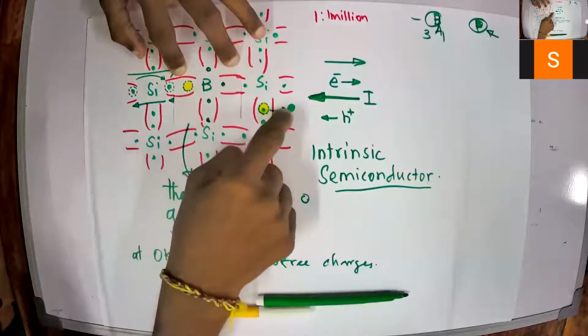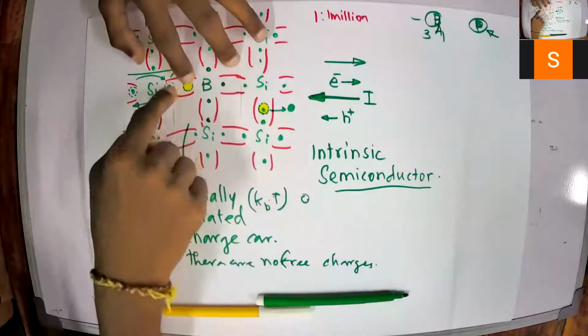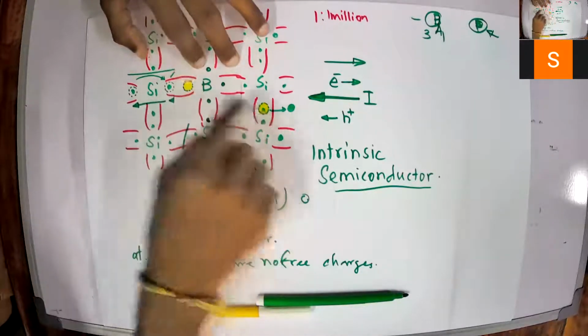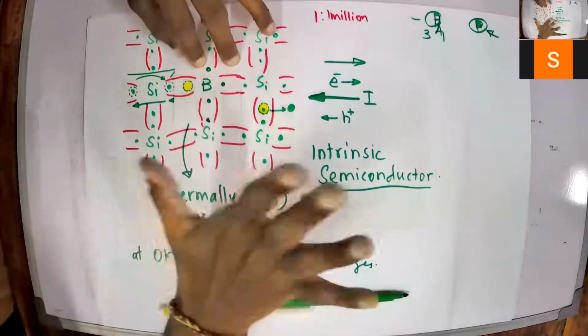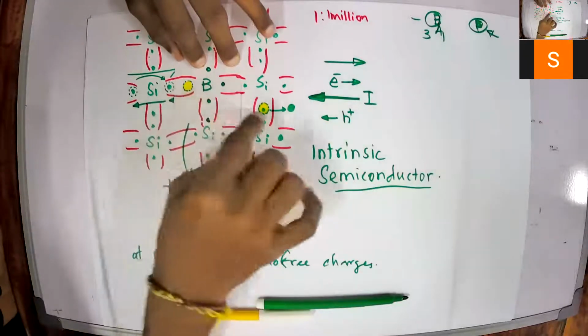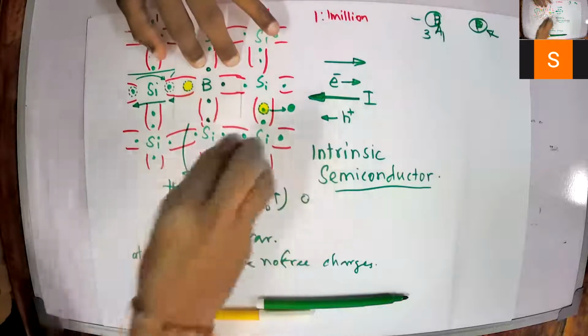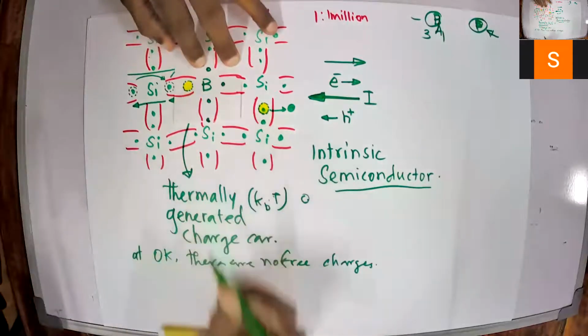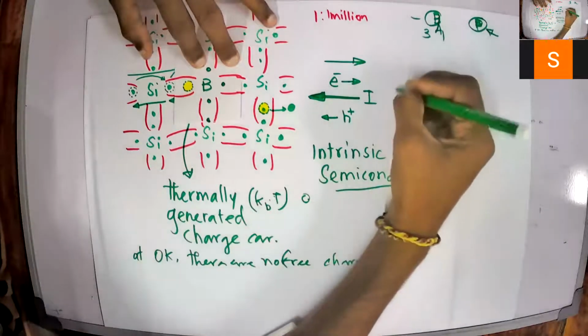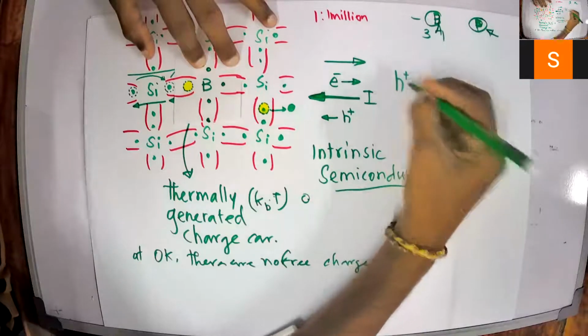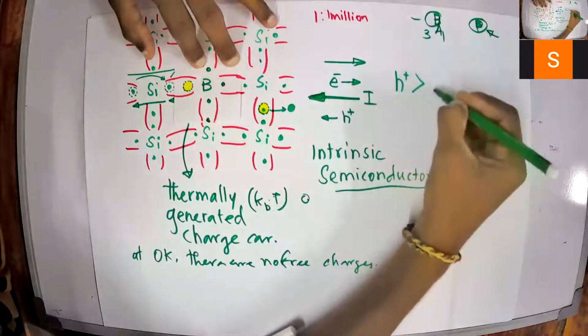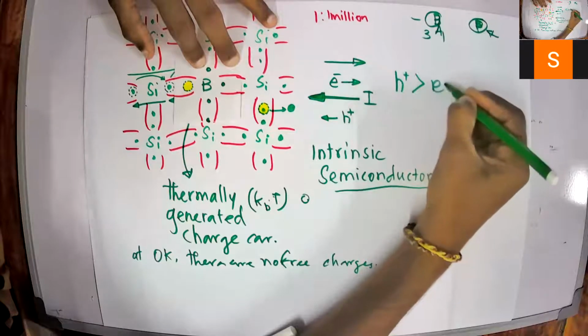These electrons can move from here to here. Effectively, the number of holes will be higher, greater than the number of electrons.